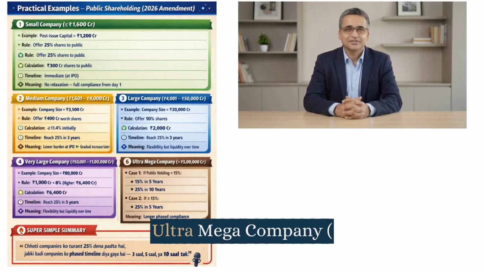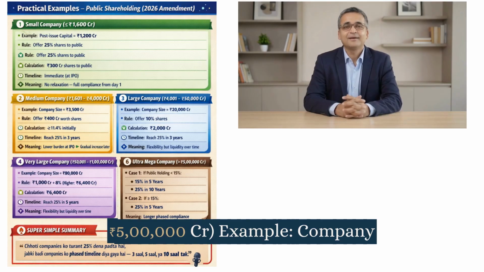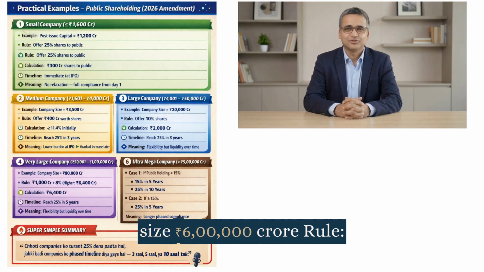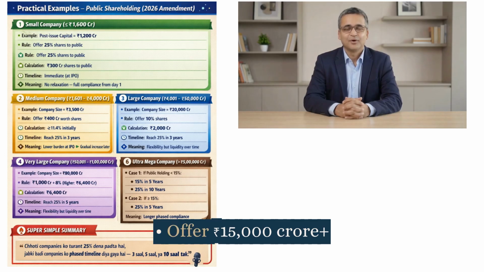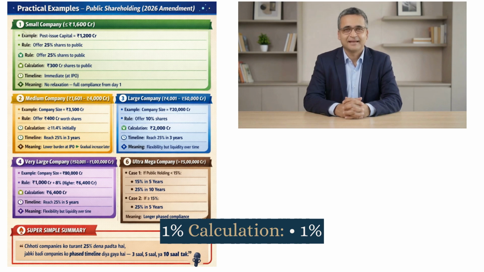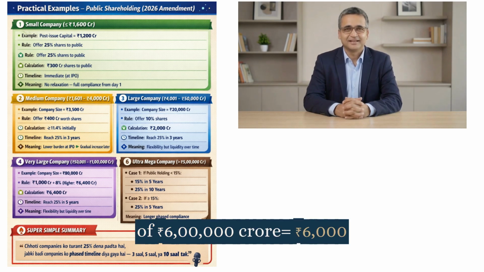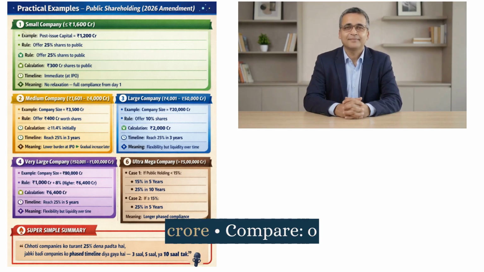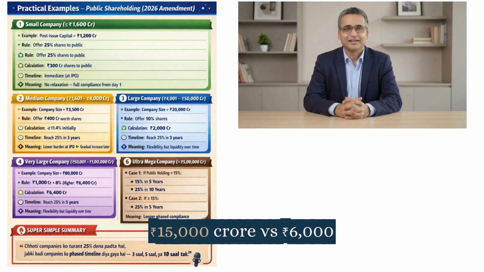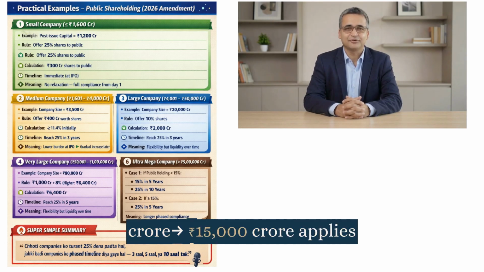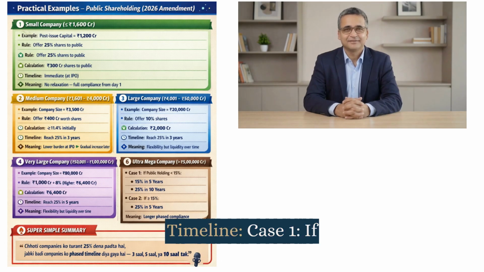6. Ultra mega company, above 5 lakh crore rupees. Example, company size equal to 6 lakh crore rupees. Rule, offer 15,000 crore rupees plus 1%. Calculation, 1% of 6 lakh crore rupees equals 6,000 crore. Compare 15,000 crore rupees versus 6,000 crore. 15,000 crore rupees applies.